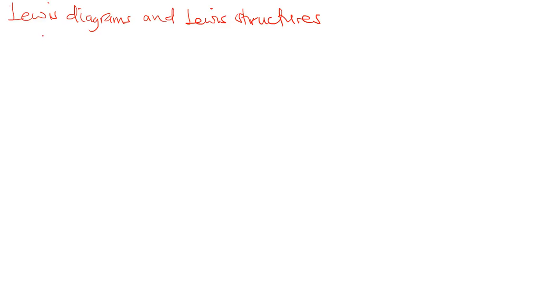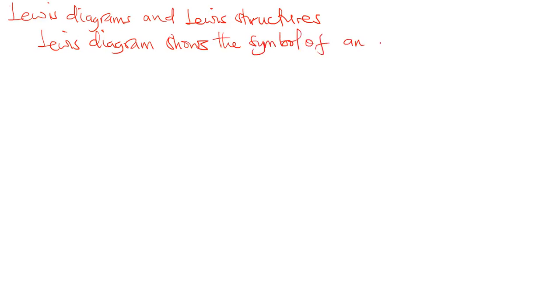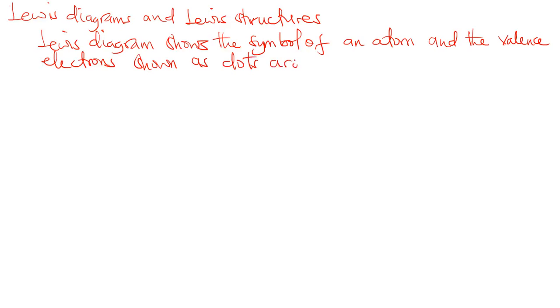A Lewis diagram shows the symbol of an atom and the valence electrons shown as dots around the symbol.